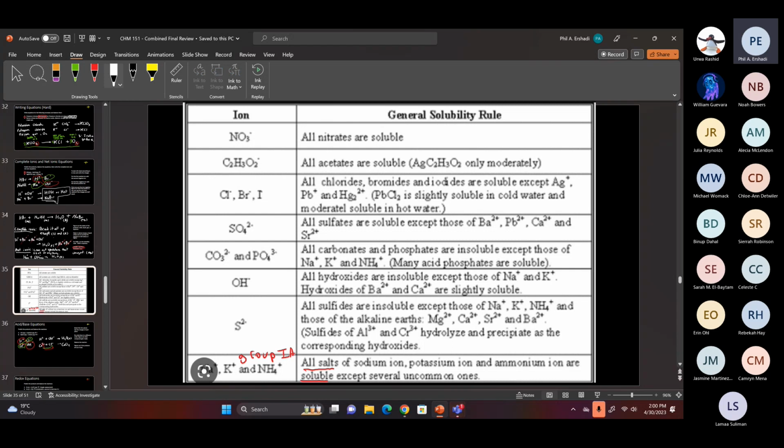So this one's not easy to remember. But you might notice there is a rule for chlorine. It says all chlorides, bromides, and iodides are soluble, except for silver, lead, mercury.